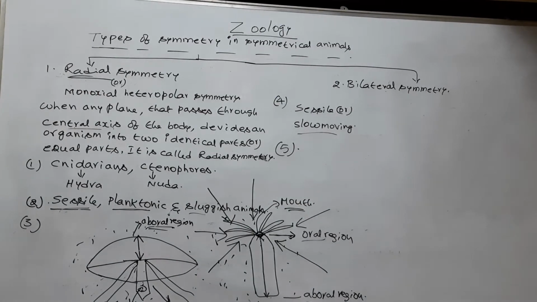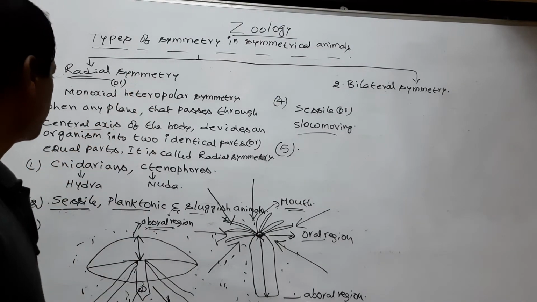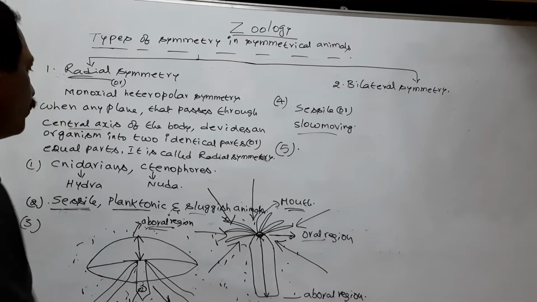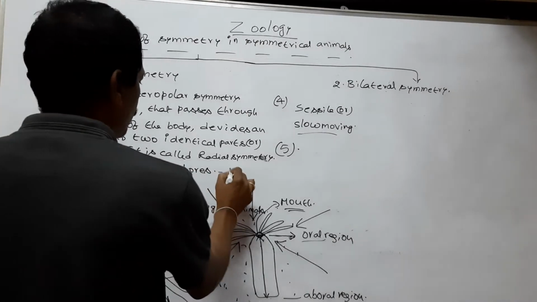Generally, radial symmetry is exhibited by diploblastic animals.